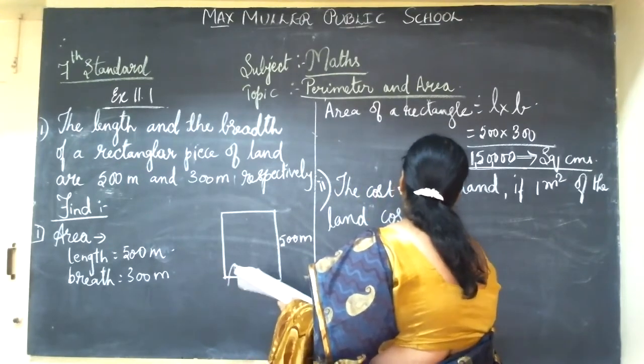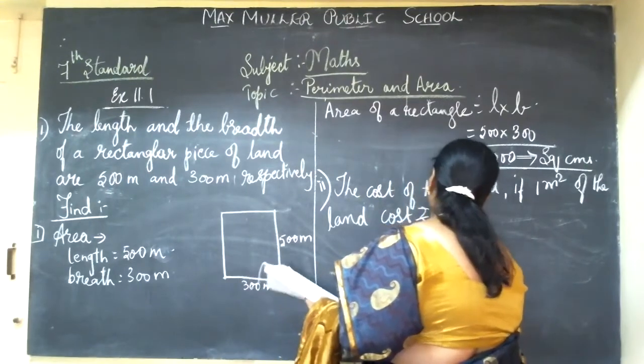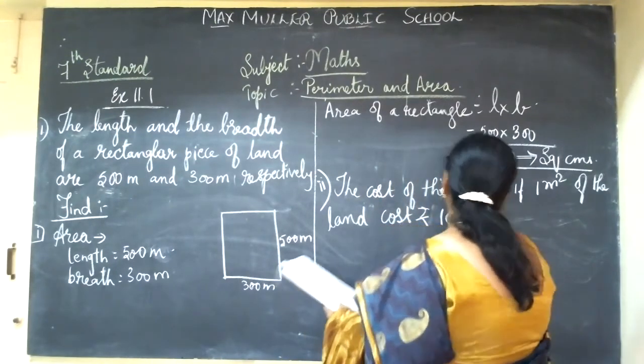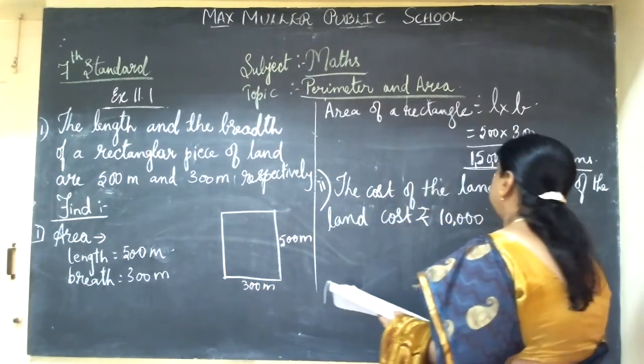Cost rupees 10,000. What is the cost of so many square meters?